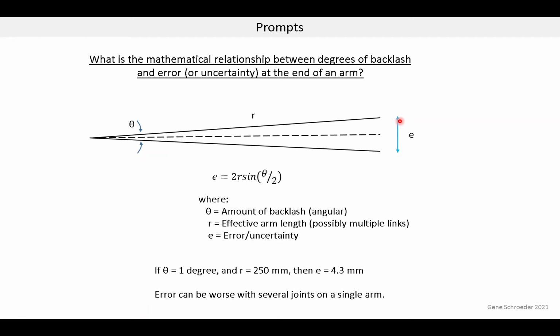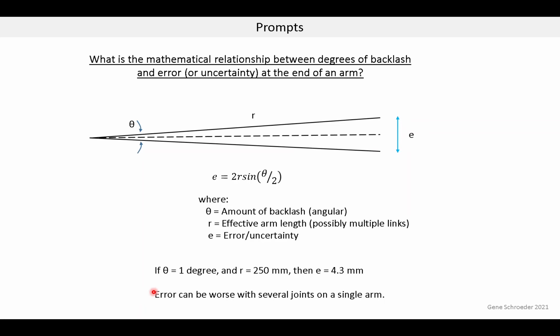So it just means that there's this much uncertainty in where the tool point, for example, actually is. Now, in reality, we could know what it is because depending on which way the motor approached the endpoint, we could certainly reduce the amount of uncertainty. But that's a complicated problem, and so in general, this is what it is.